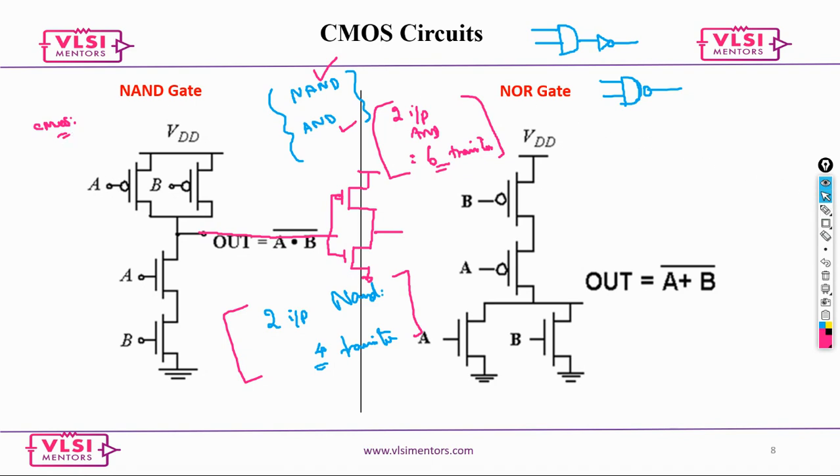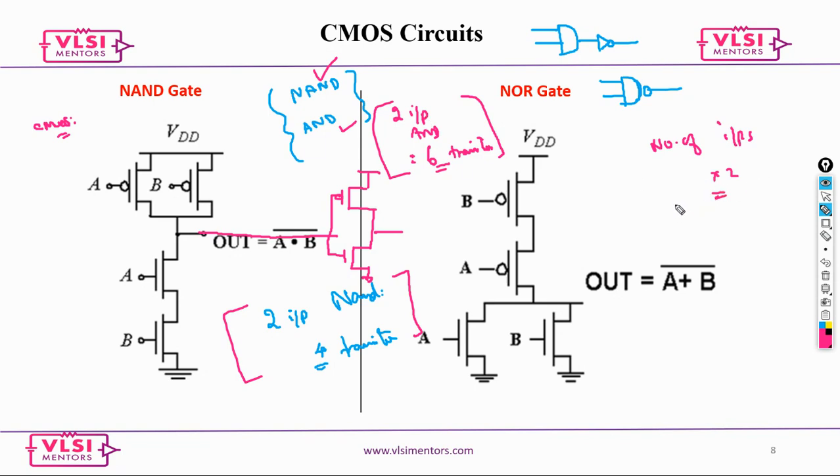Remember, the best circuit that you can have is the number of inputs times two transistors. That is the best thing that you can have, but it is not always possible. In case of AND, you need to add one inverter extra.